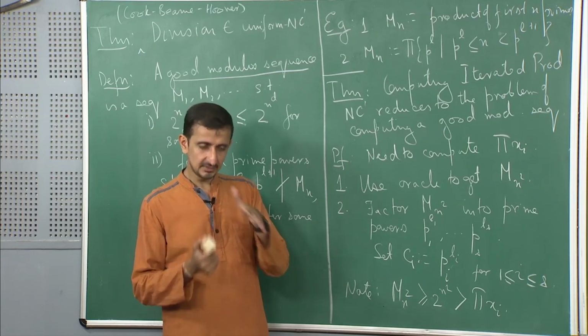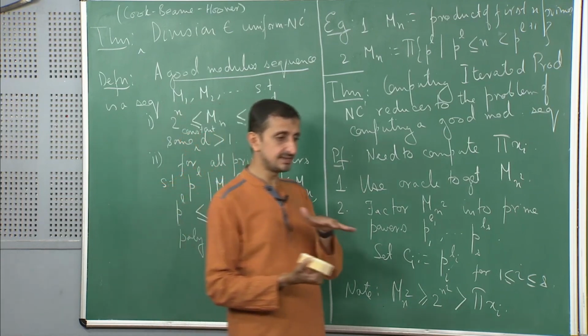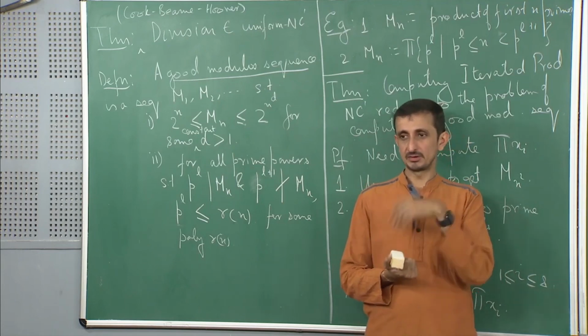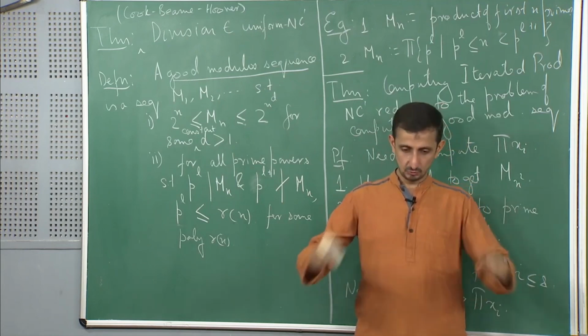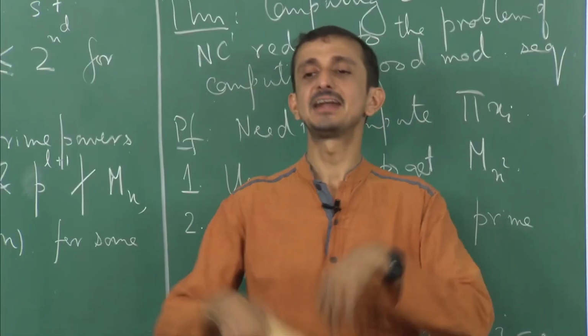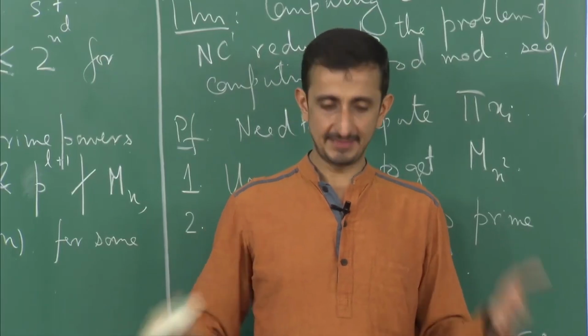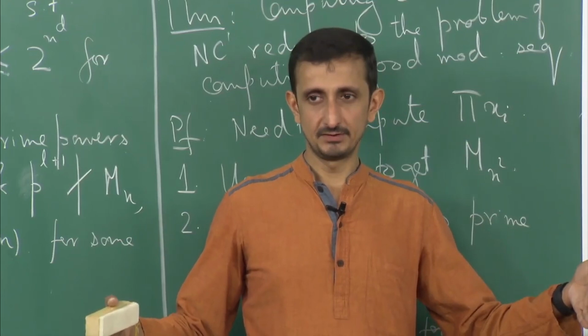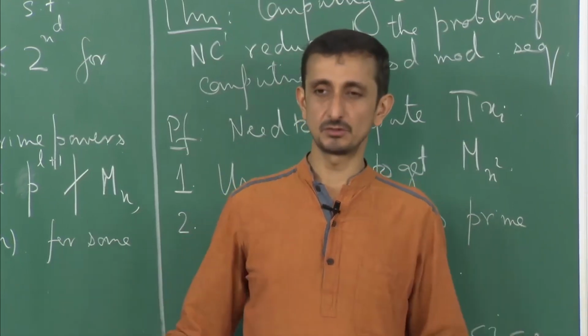Correct, but now think of the circuit. What I am saying is that I actually do not need any circuit to compute Mn square. So, given n, I will just do some pre-computation and I will get the value of Mn square, and that Mn square actually works for all inputs of length n. So I have to show the existence of a circuit.